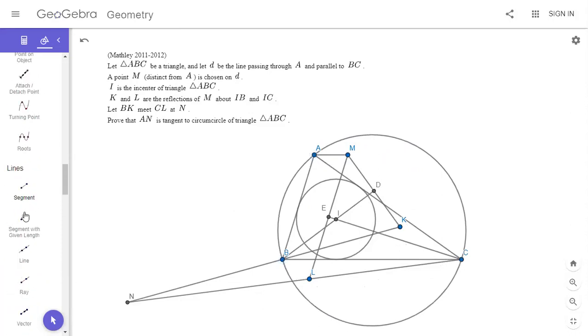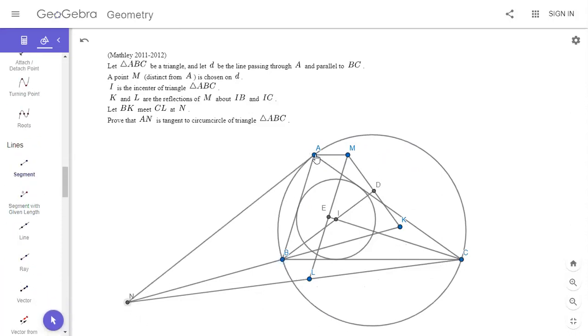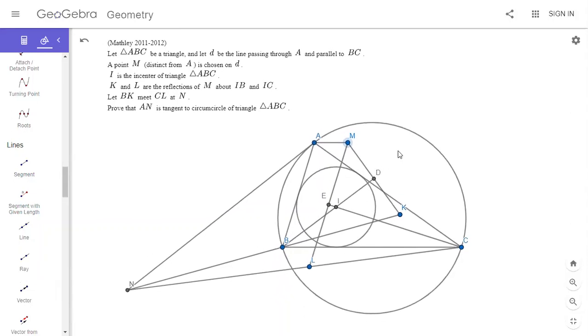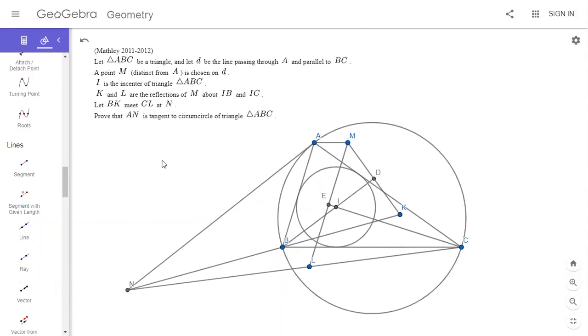Kind of interesting. All right. So MBC is isosceles. MBK is isosceles. Are they similar?